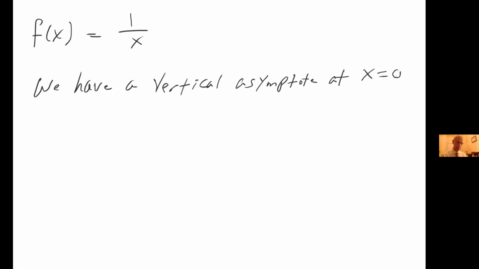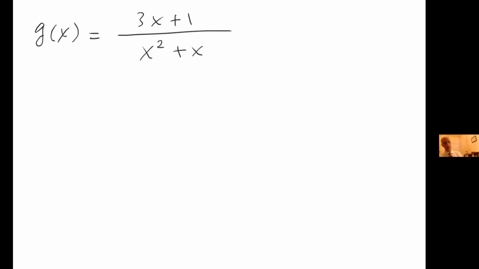How about if we have g of x equals 3x plus 1 over x squared plus x. I'm going to set the denominator equal to 0. x squared plus x equals 0. Let's factor an x out from the left-hand side.